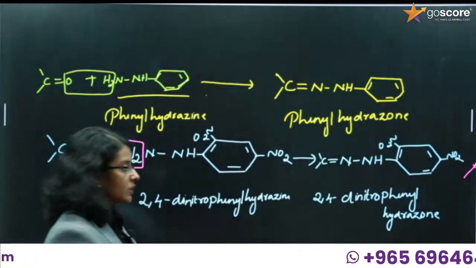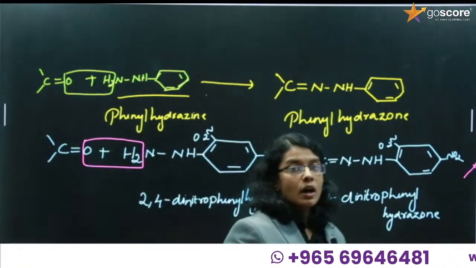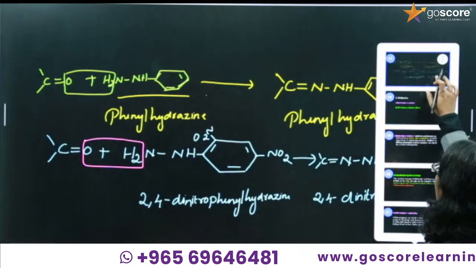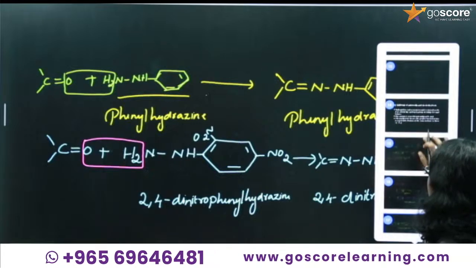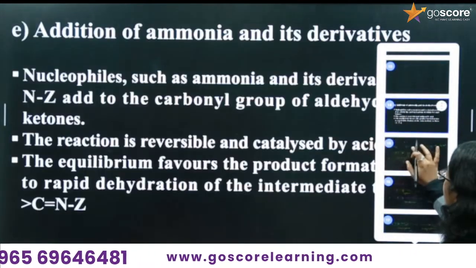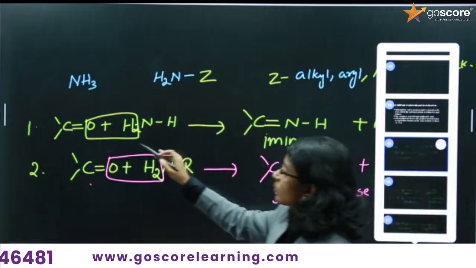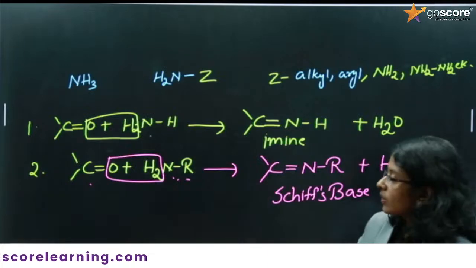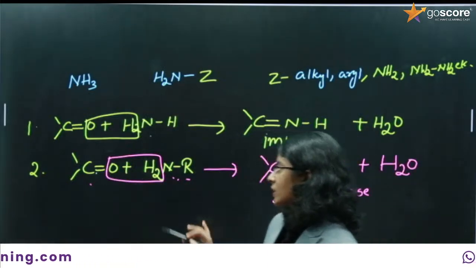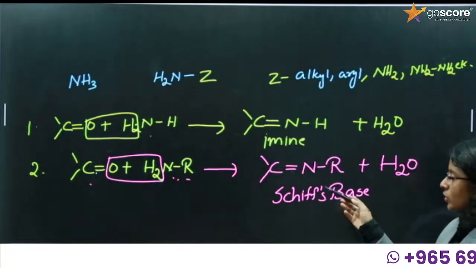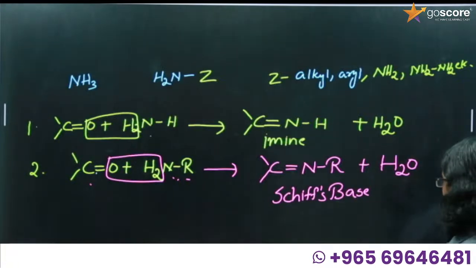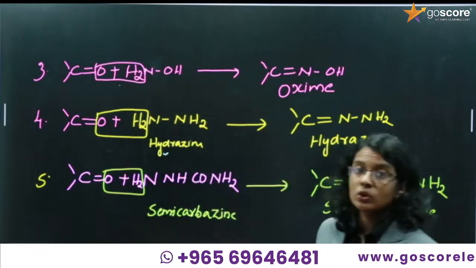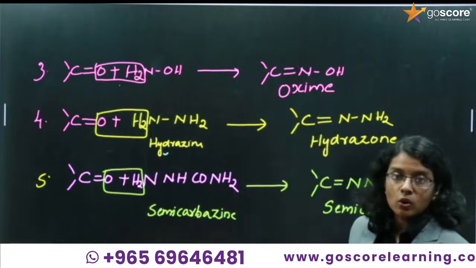So this is all about the reaction with ammonia and its derivatives. First, we discussed a carbonyl compound reacting with ammonia, you will get an amine. Second, the carbonyl compound reacting with a primary amine, you will get a Schiff base. Next, the carbonyl compound reacting with hydroxylamine, you will get oxime.